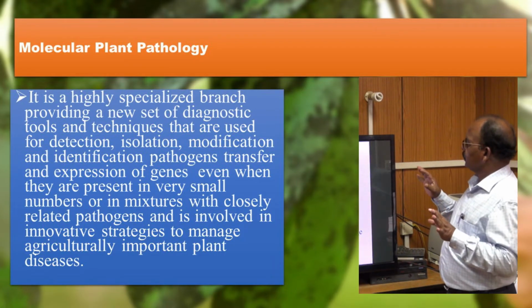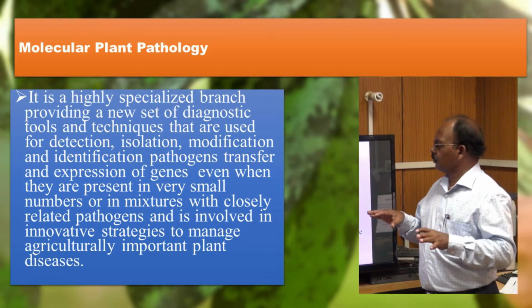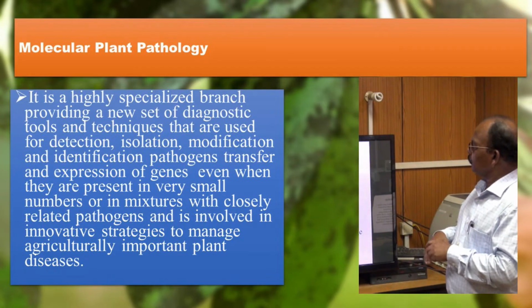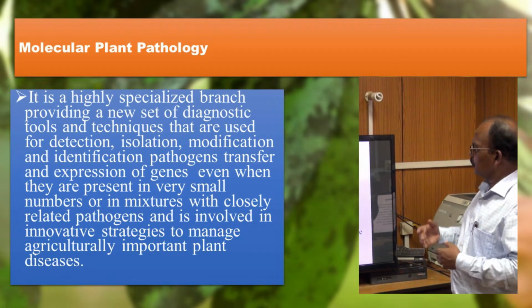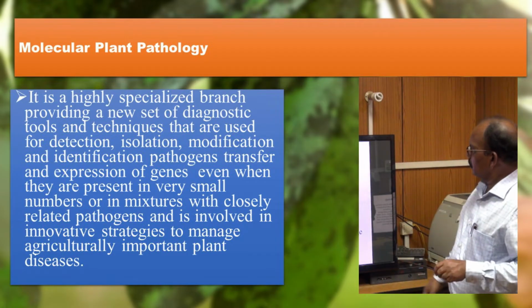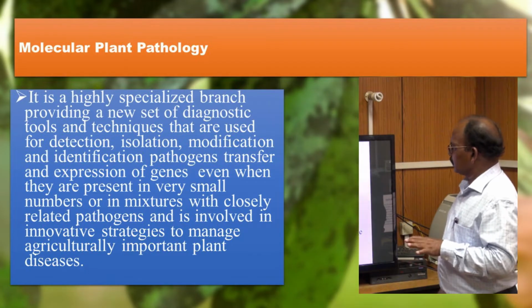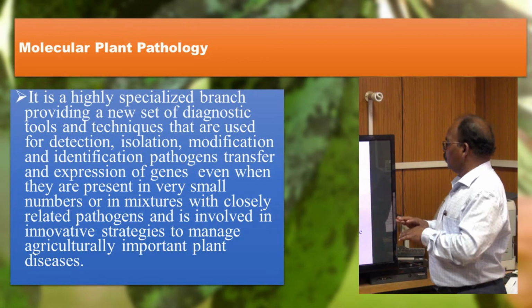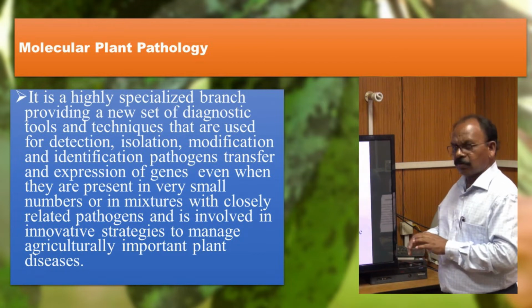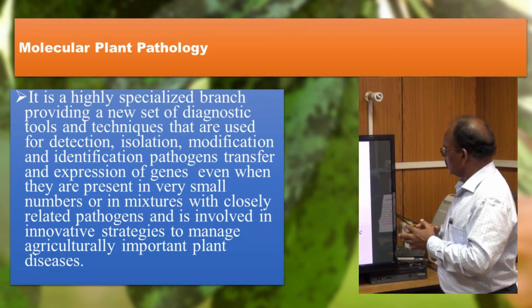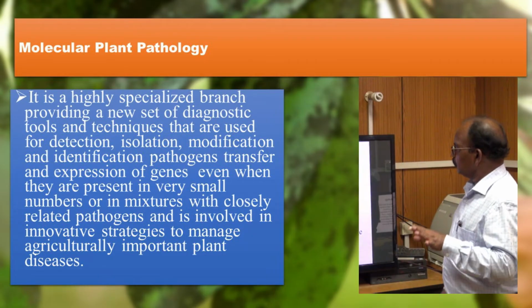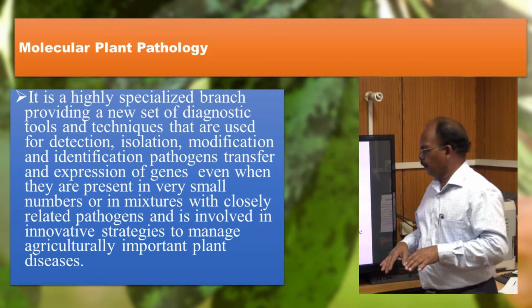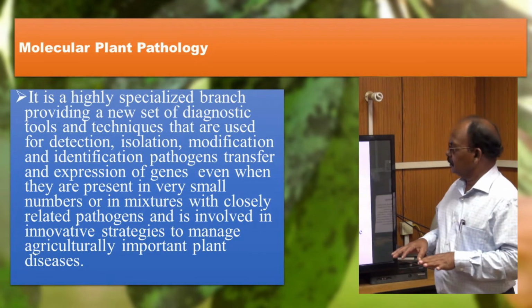It is a highly specialized branch which provides a new set of diagnostic tools and techniques that are used for detection, isolation, modification and identification of pathogens, transfer and expression of genes, even when they are present in very small numbers or in mixtures with closely related pathogens, and it is involved in innovative strategies to manage critically important plant diseases.